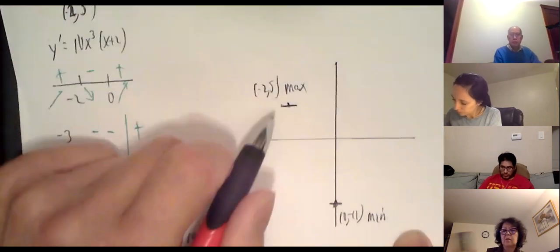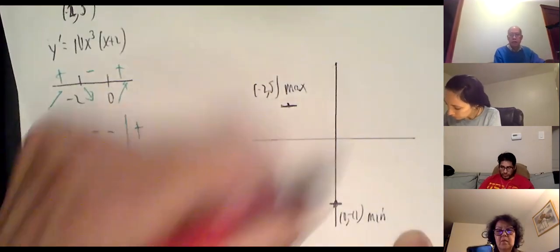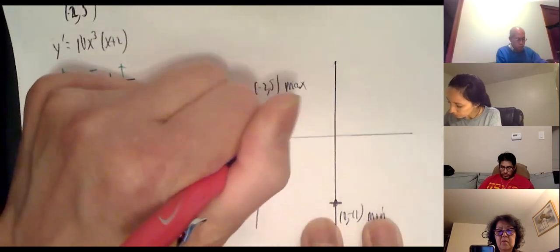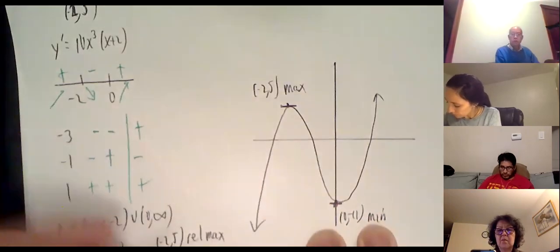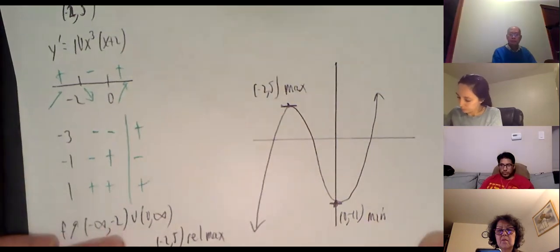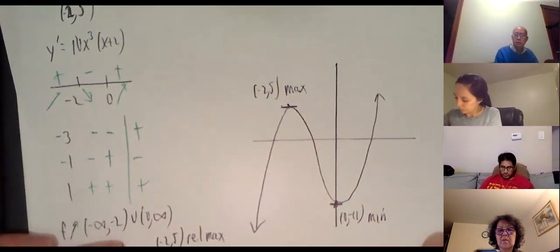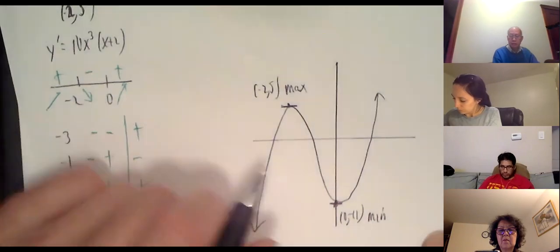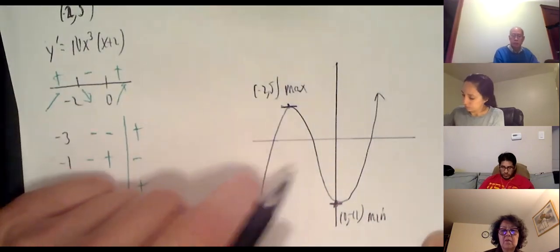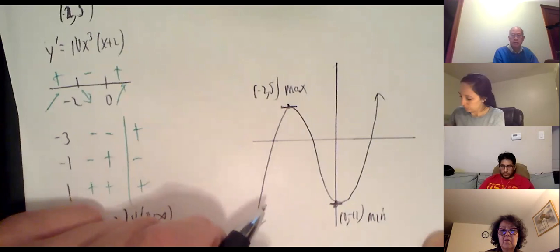The graph goes up to the maximum, down to the minimum, back up, so something like that. And yes, it looks like there's probably going to be an inflection point somewhere here. I guess it would be at negative 1, maybe.